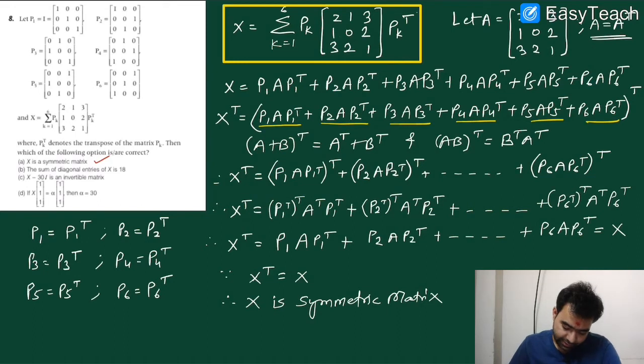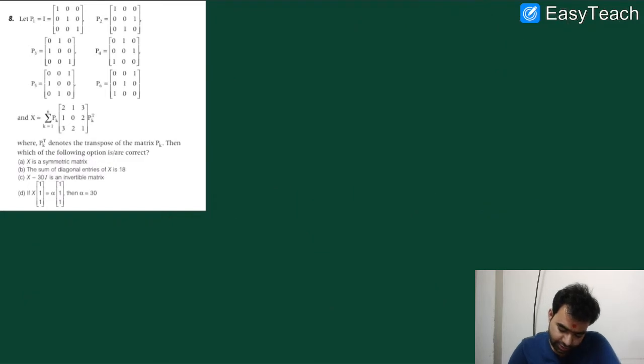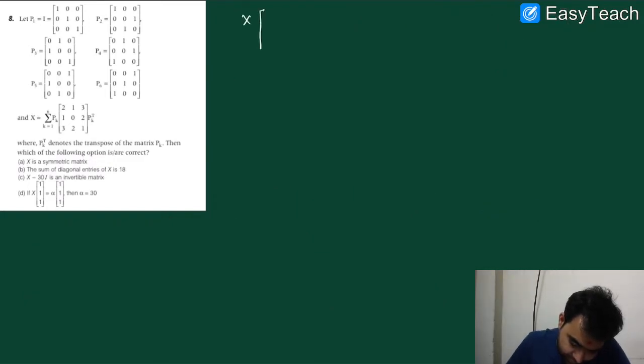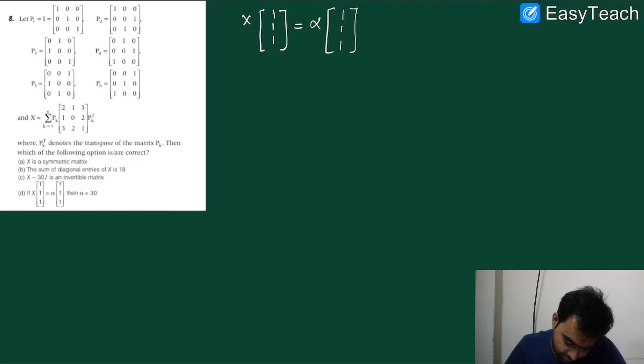Now next, let us first try to see the D option. What is given in the D option? X into 111 is equal to alpha into 111, and we have to prove that alpha is 30.